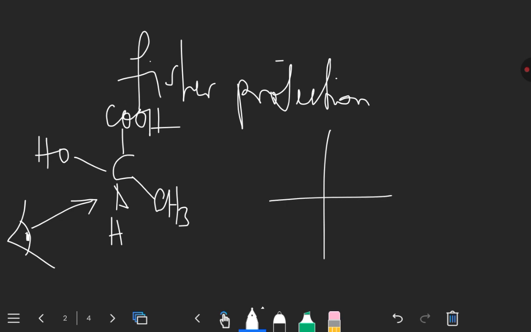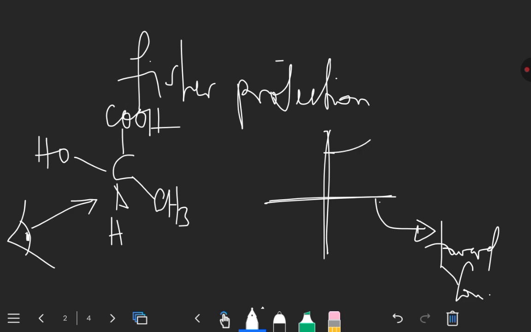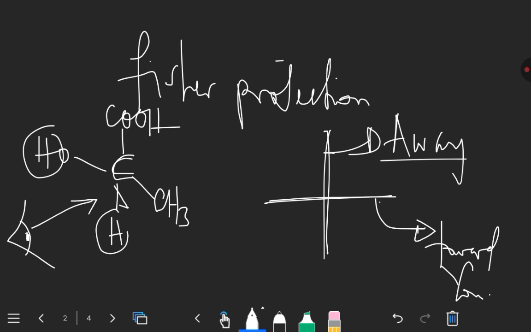So we'll have our vertical line and also our horizontal line. The horizontal line shows those groups which are pointing towards you, and the vertical line shows those groups which are pointing away from you. As we can see in this compound, we have these two groups pointing towards us, so these two groups will be on the horizontal axis.